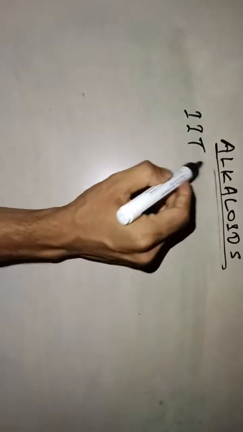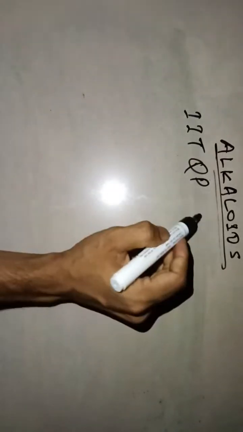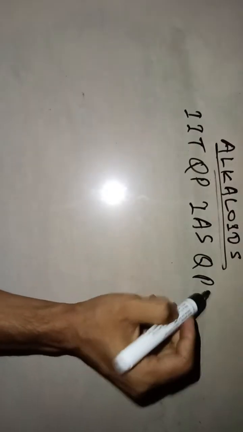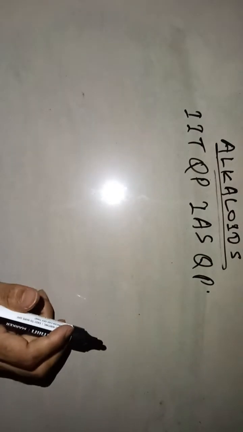You write there: IIT question paper, IAS question paper. Okay, so IIT question paper: first I means indole alkaloid.